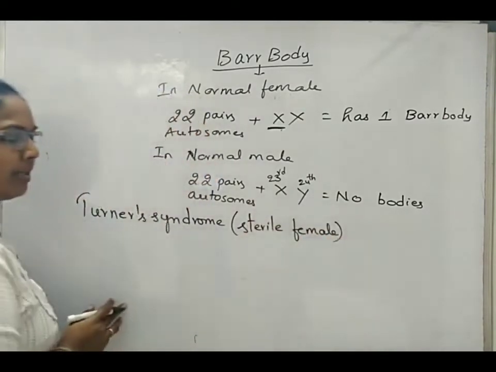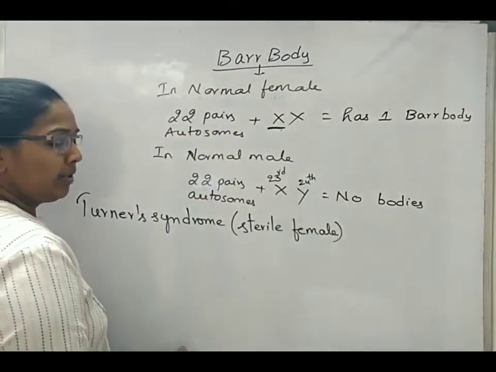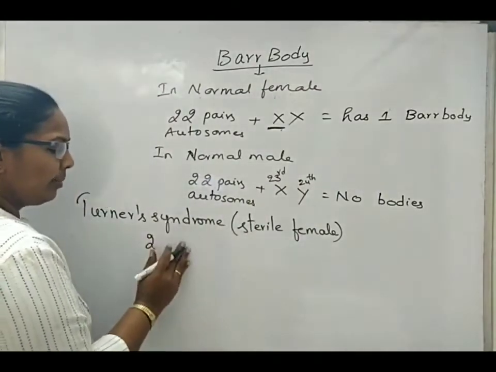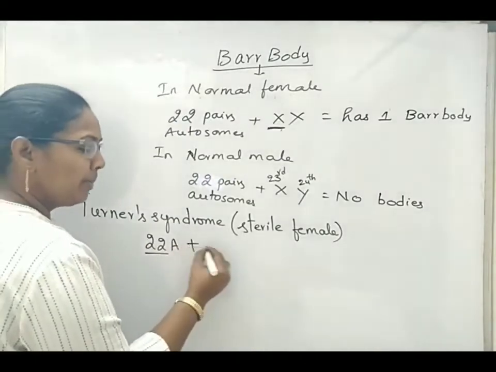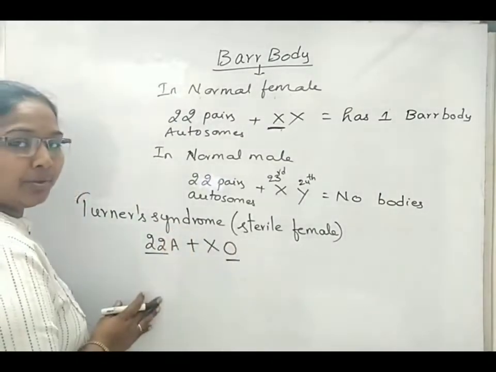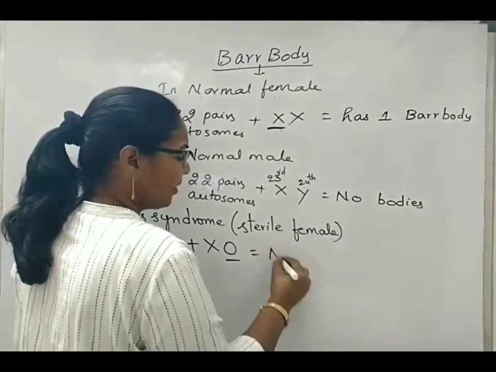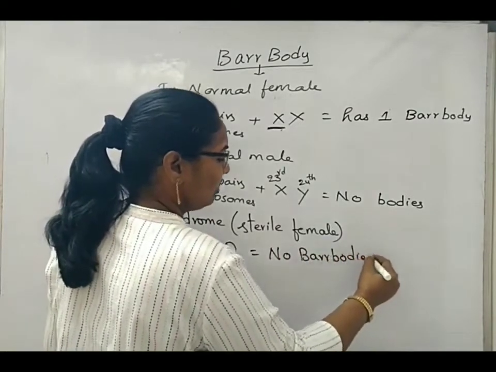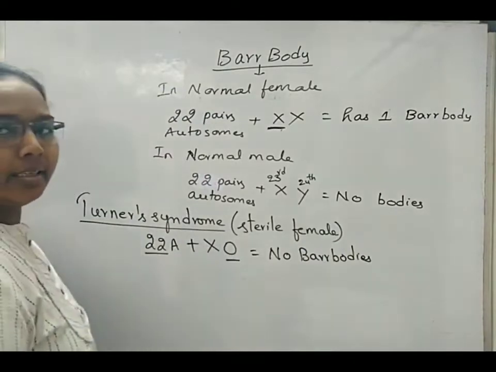Turner syndrome is in female human beings, and the female will be sterile. In their body there are 22 pairs of autosomes plus one X chromosome, and the other type of gamete will not have any chromosome. Here we can say there are no Barr bodies. We will see such syndromes in detail in the genetic disorders topic.